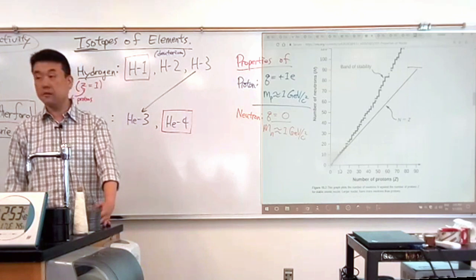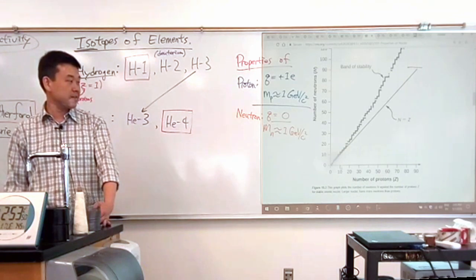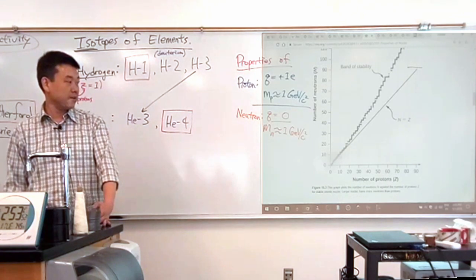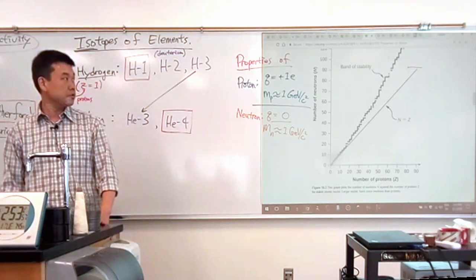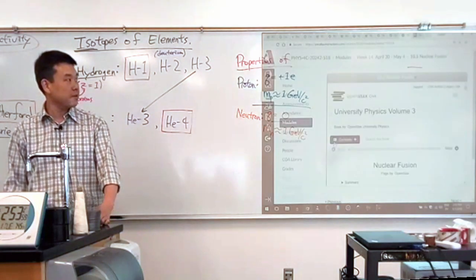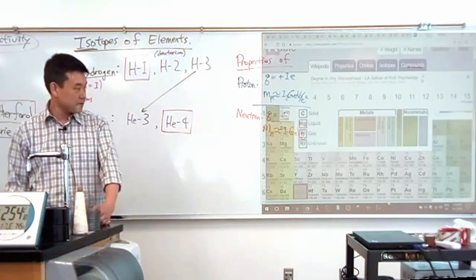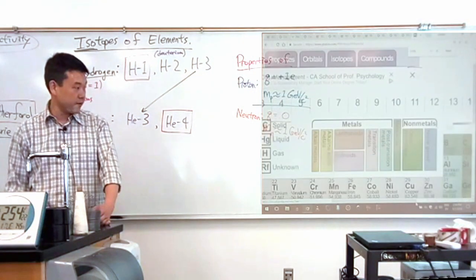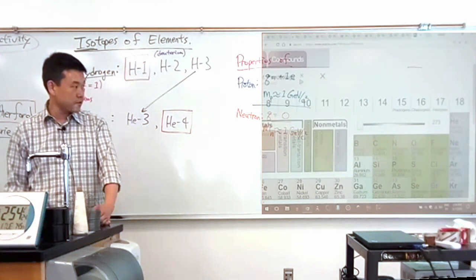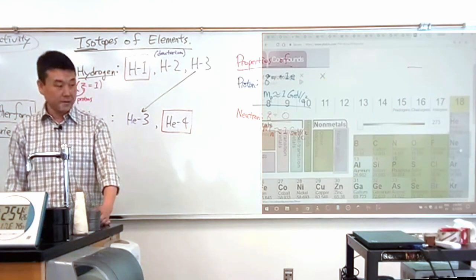If you have an element with 10 protons, I guess that's neon, then you are likely to have a stable isotope with 10 neutrons. So let's double check. What's the atomic weight of neon? Yeah, atomic weight of neon is about 20. So 10 protons, 10 neutrons, approximately.